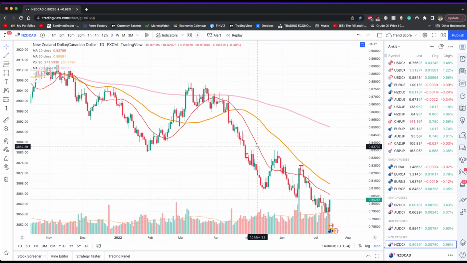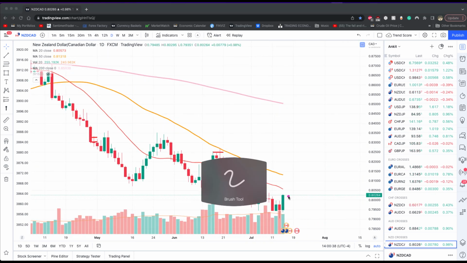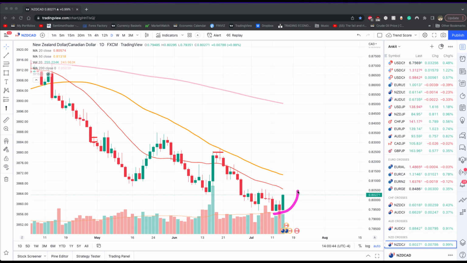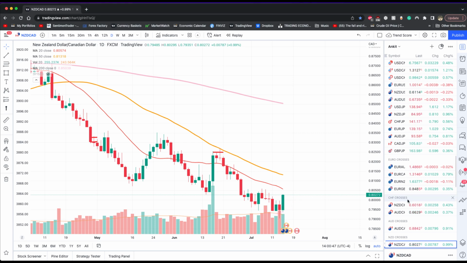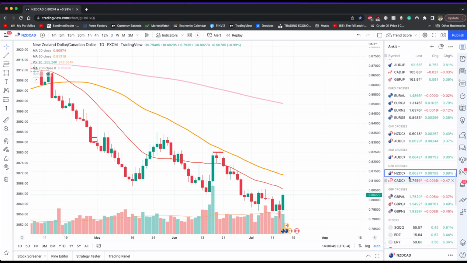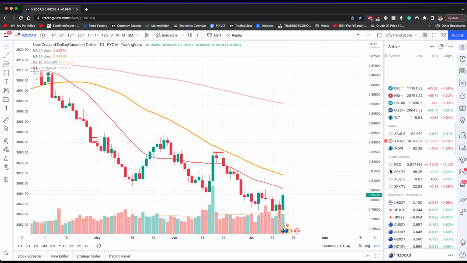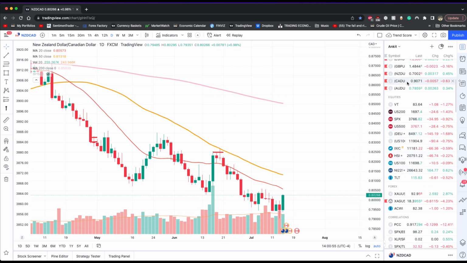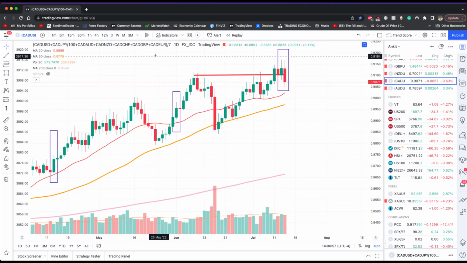So are we about to see a change? This is where we have to take a look at candlesticks and see if there is a reversal in that movement. The movement today shows the CAD is weak across the board, and currencies like Kiwi CAD or even Aussie CAD are up very nicely here. So we really have to pay attention to the Canadian dollar and look at the behavior.